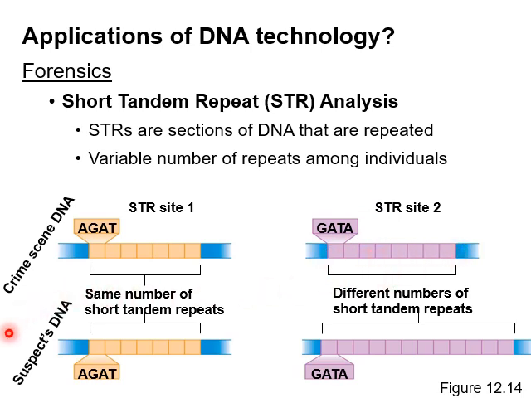What we see in the DNA of a suspect is that it matches for one of those sites, but it doesn't match for the other site, meaning that the DNA found at the crime scene would not match this particular suspect's DNA. So they would probably rule out that suspect as being a person that might have committed the crime. So that's what short tandem repeat analysis is. It's a way of matching very precisely DNA from a crime scene to a particular suspect.